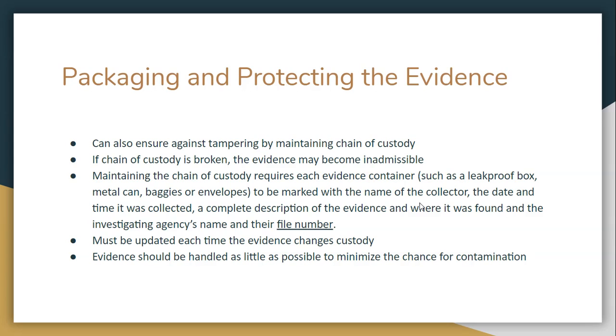Then that has to be updated each time the evidence changes custody. So when they take it from the scene, they're going to take it to the evidence lockup, and it's going to be signed out that this person has checked it in, and this person has received it.